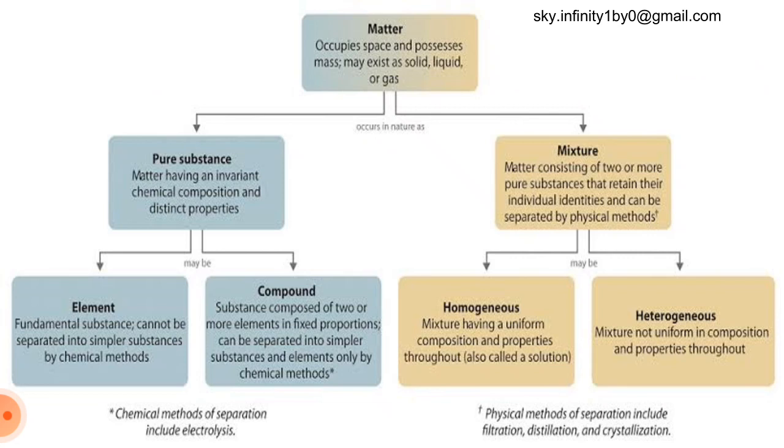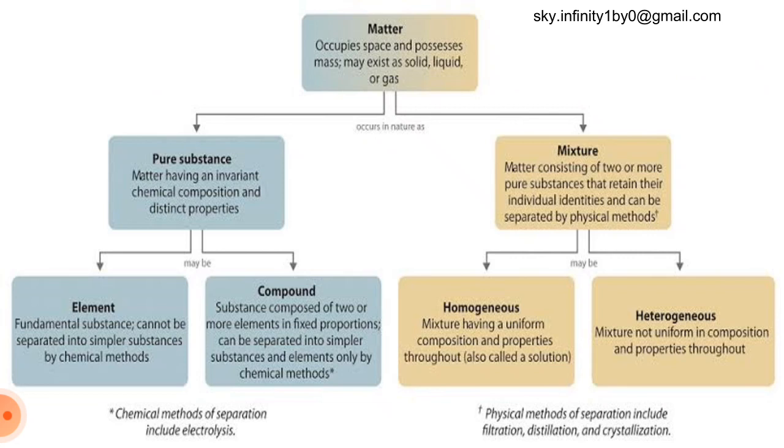Elements cannot be separated into simpler substances by chemical methods, whereas compounds can be separated by chemical methods such as electrolysis. We will learn about electrolysis in electrochemistry.